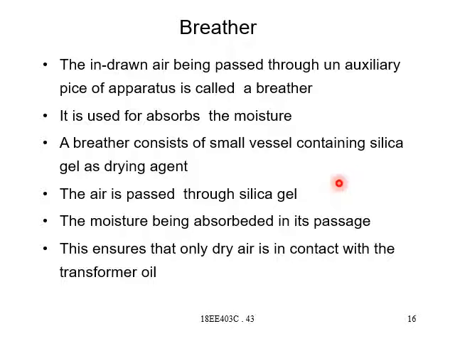You may have observed that it just absorbs moisture and keeps things dry. So the air is passed through silica gel, the moisture is absorbed in its passage, and this ensures that only dry air is in contact with the transformer oil.